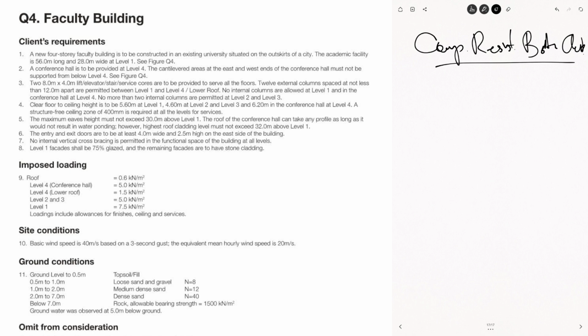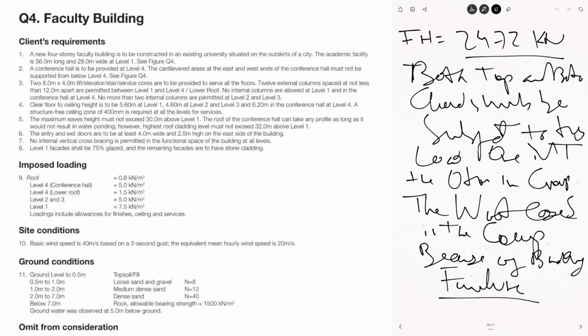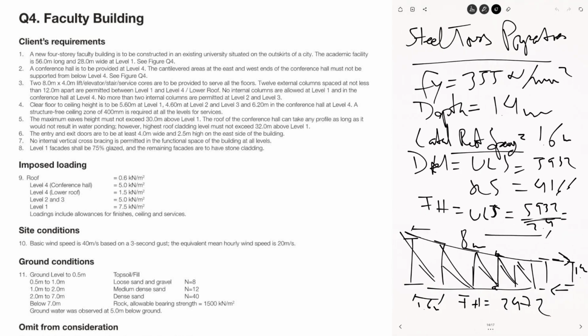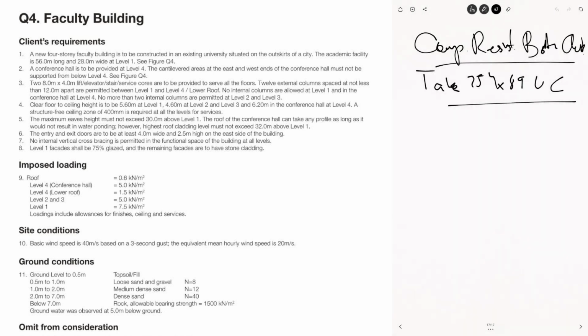Right, so if we take 254 by 89 UCs, why did I take this one? I went to the blue book that I have, and then I just worked out what size will comfortably pass or resist this force over the 1.6 meter effective length of my bottom chord.